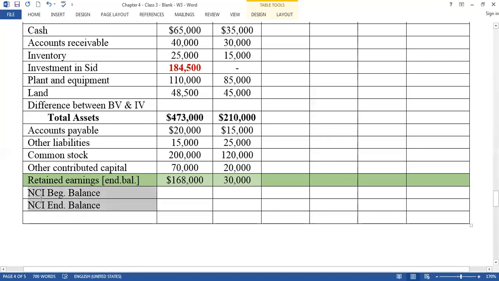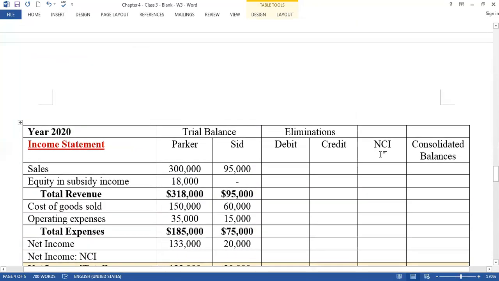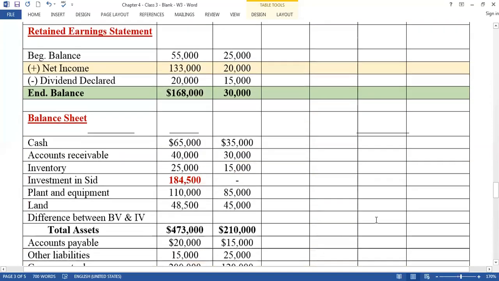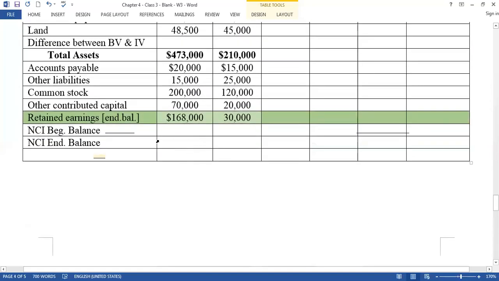These are the two new cells you have to create, because we already established our NCI column here. And if you remember, this is the beginning balance, $20,000. Can you remember? $20,000, right? Beginning balance. So I will write this one later on again, but I just show you now.